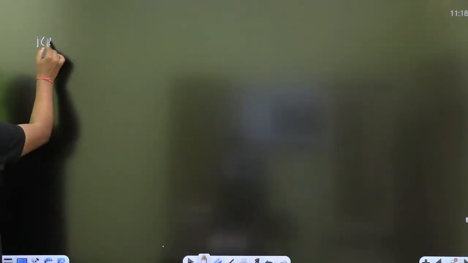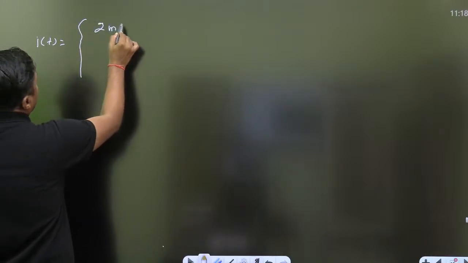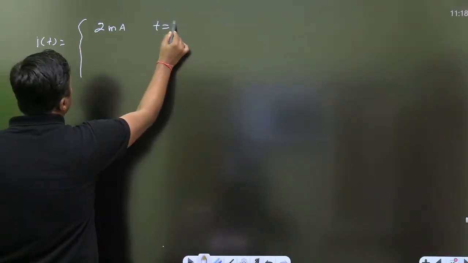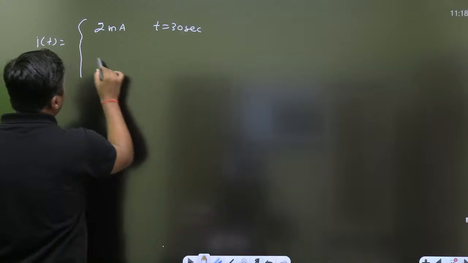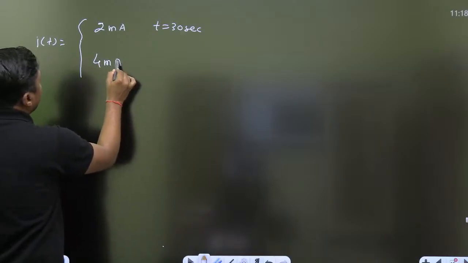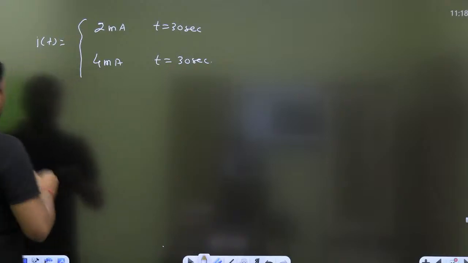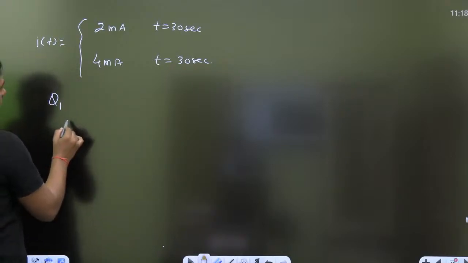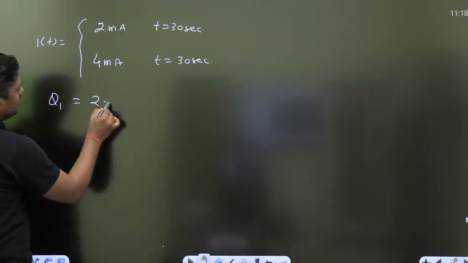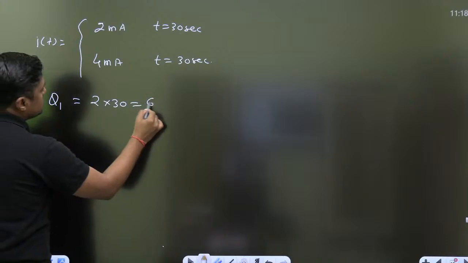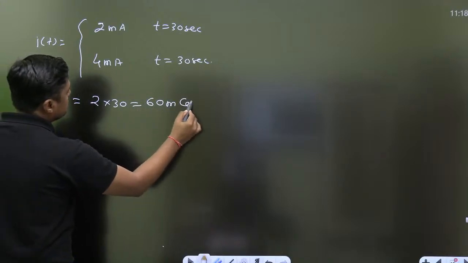Now what is the current here? Current is 2 milliampere for first 30 seconds. And that is 4 milliampere for next 30 seconds. Then what will be the charge in first case? That is equal to 2 into 30, 60 millicoulomb.